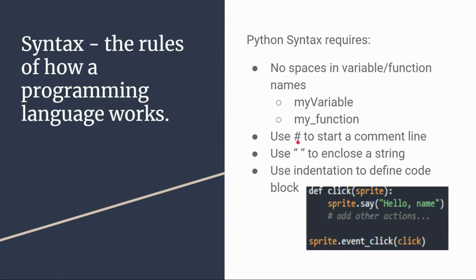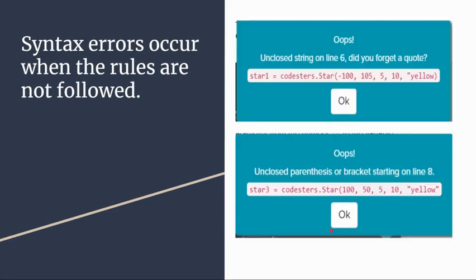We use a hashtag to start a comment line so that we understand it is just additional information, it is not code. We use quotation marks to enclose a string, and we indent so that we can define our code blocks. We get errors when we don't follow the rules.